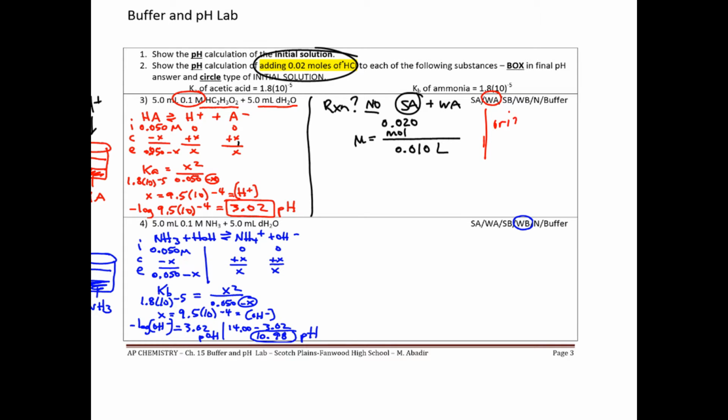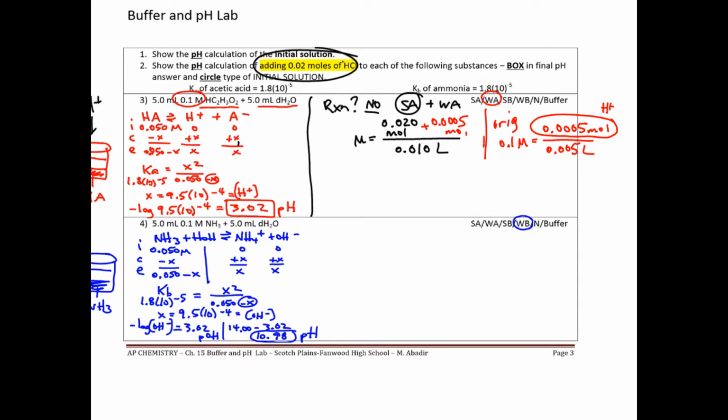Originally I had 0.1 molar and I had 5 milliliters. And so when I solve this, I get 0.0005 moles of H plus originally. So I'm going to add that over here, because that was still in the beaker as well.